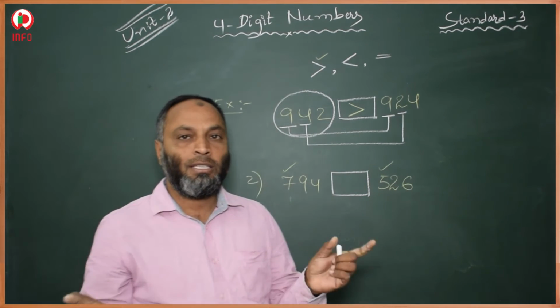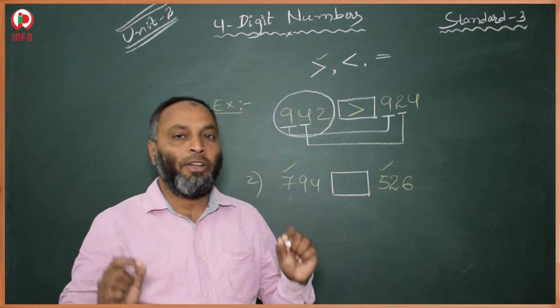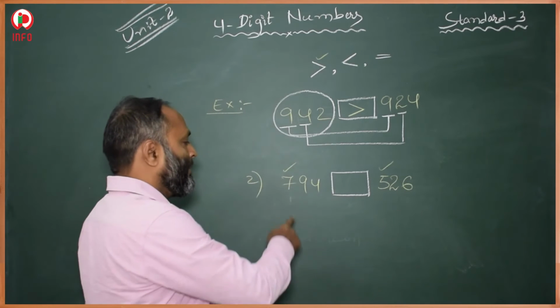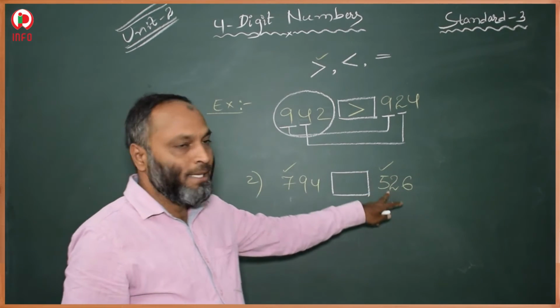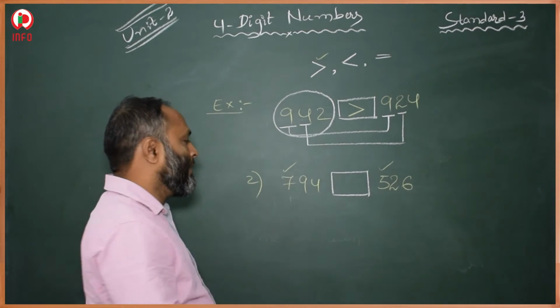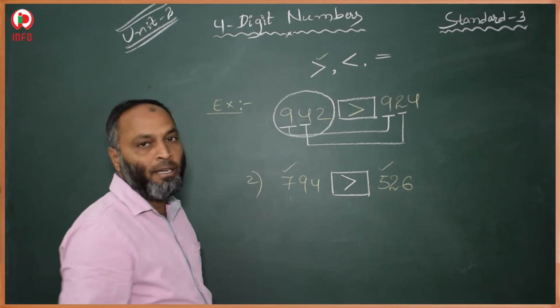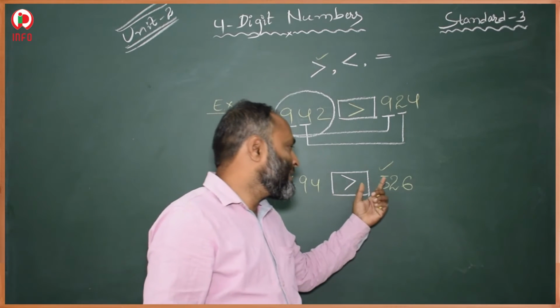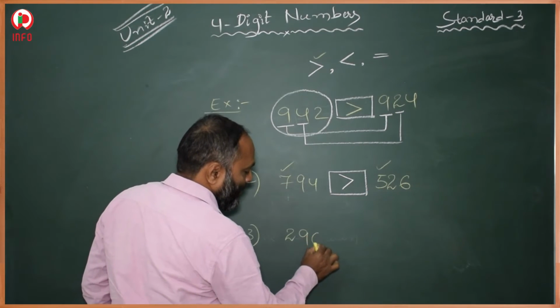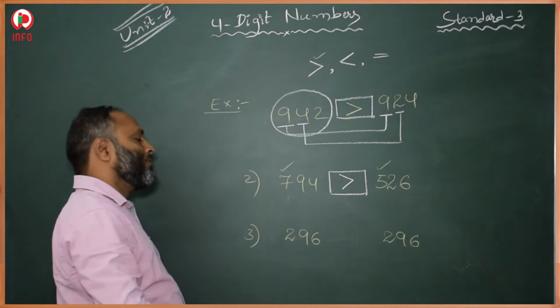In the hundreds place we have 7 and 5, and 7 is the greater value. So this number is bigger than this number. If it is bigger, we use the greater than symbol. Then 794 is greater than 526.